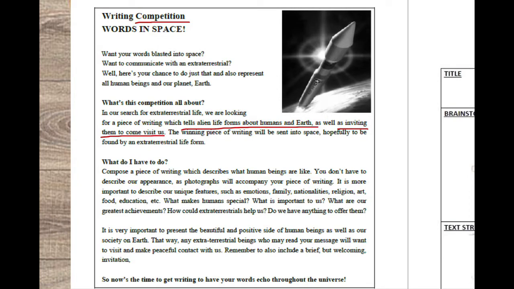Now, what do you have to do? Compose a piece of writing which describes what human beings are like. You don't have to describe our appearance as photographs will accompany your piece of writing.